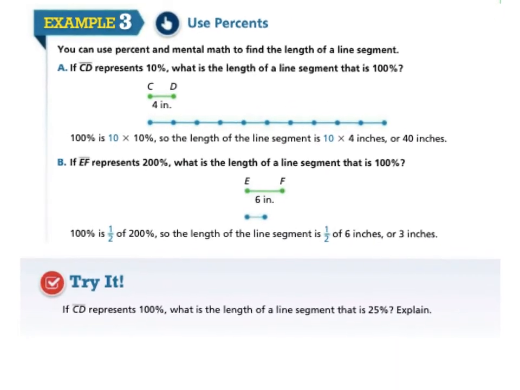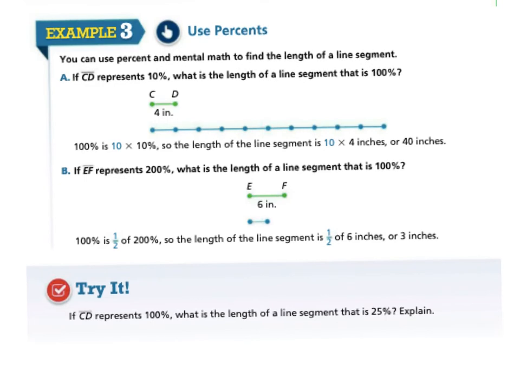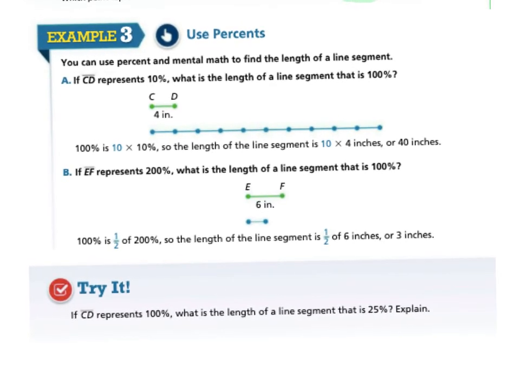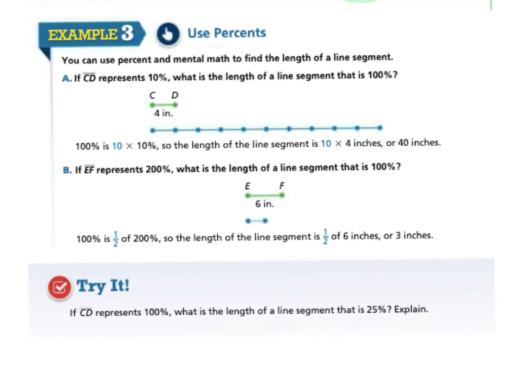Alrighty. And the last example says use percents. You can use percents in mental math to find the length of line segments. If line segment CD represents 10%, what is the length of the line segment that is 100%?